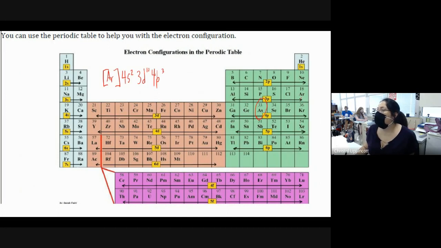All right? Now, when they talk in terms of ground state, that means that the electron is not excited. It hasn't been energized in any fashion. Remember, when these electrons get energized, they move up levels. So sometimes you will have these move up different levels.